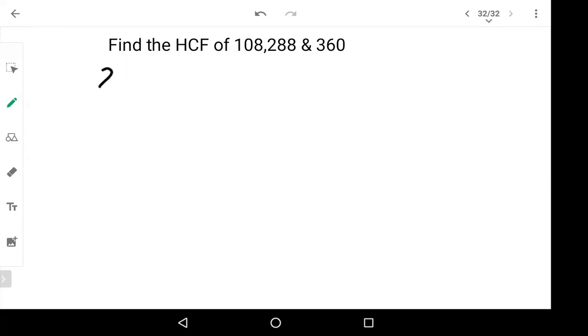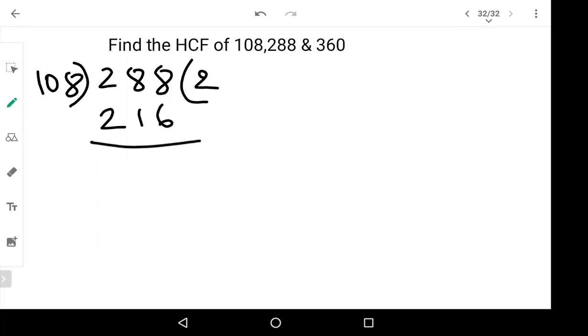So I'll take 288 and then we have 108. Yeah, correct. Final HCF is also 36. Good. Now help me solve this problem. 108 into 2, how much do I get? 216. Okay, what will be the remainder? 72. Okay. Now next I'm going to take 108.